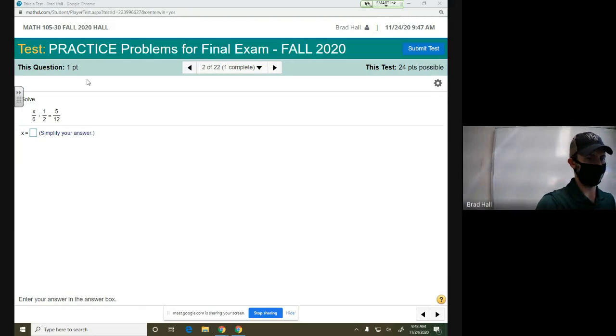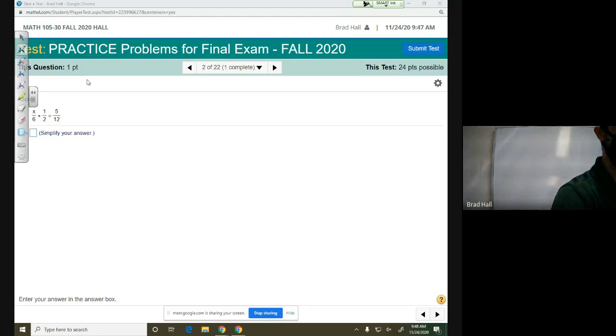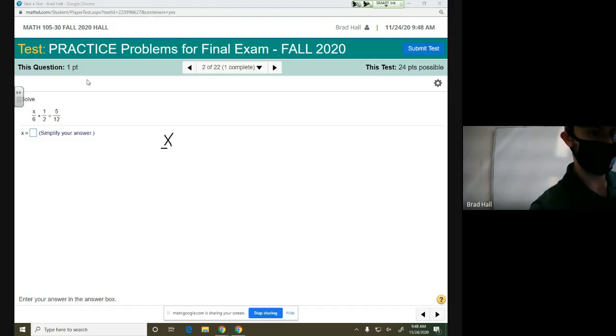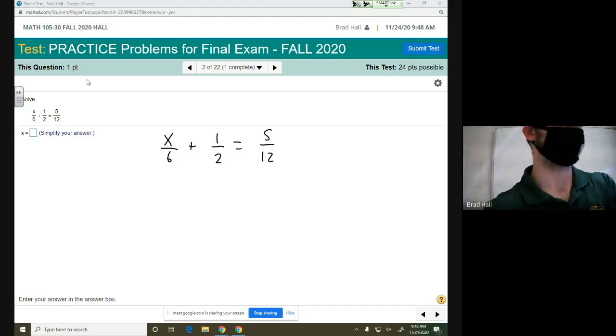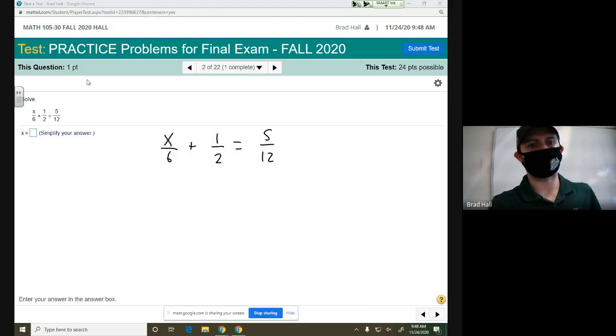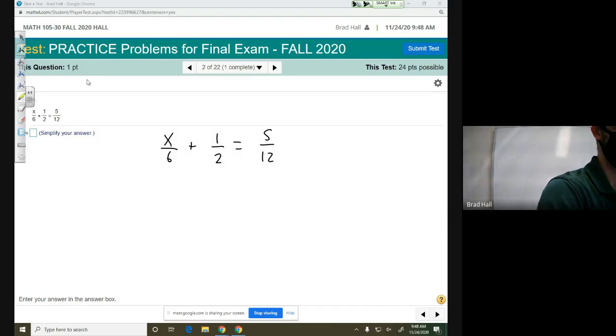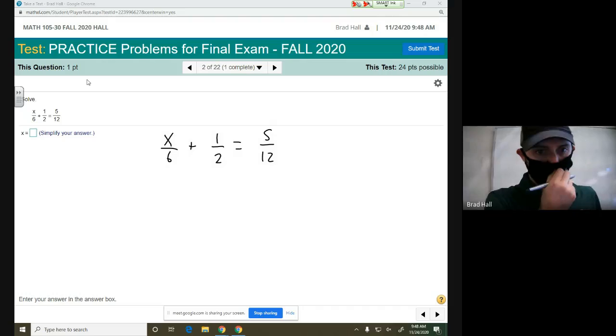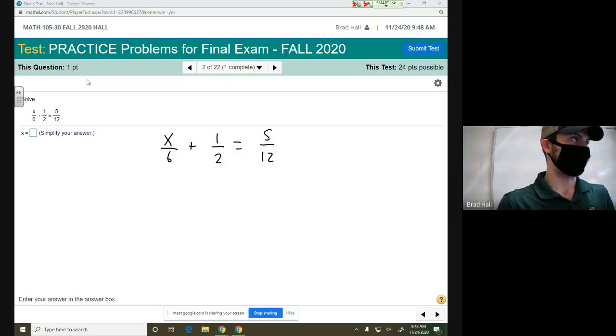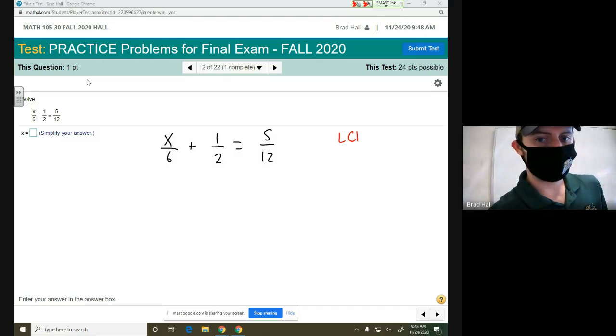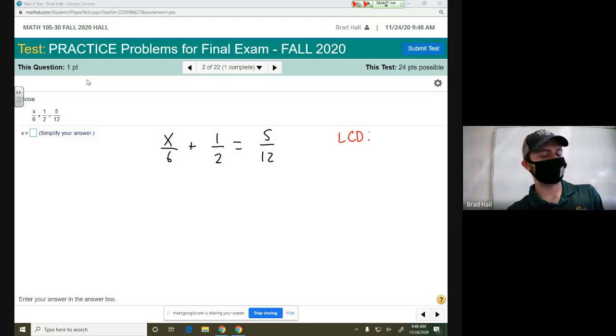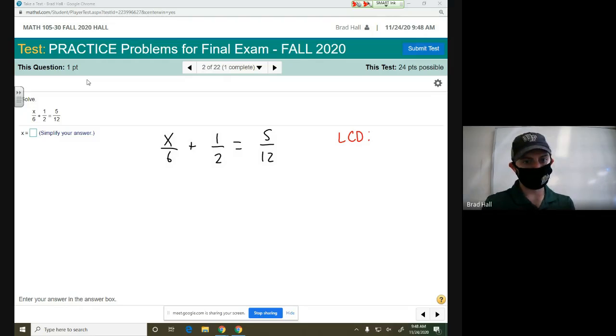Okay, and now we have a linear equation: x over 6 plus 1 over 2 is equal to 5 over 12. Hopefully you remember how to do these, because this one should be one you can knock out and go on to the next question. So what we did, we solved fractions. We applied the least common denominator, which is the smallest number that all the denominators go into.